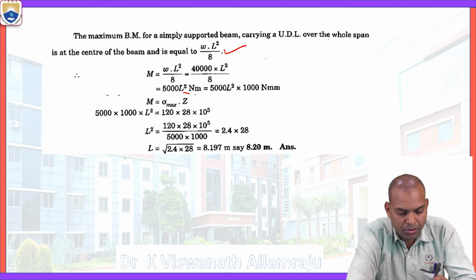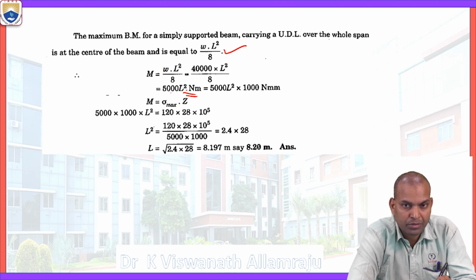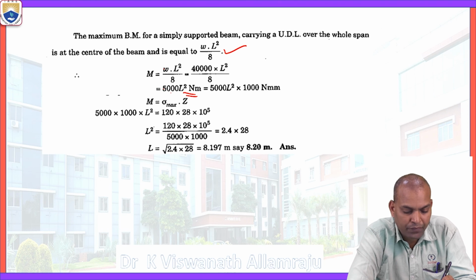We need it in Newton meter value, because 40,000 is in Newton per meter. So 5,000 L square Newton meter should be converted into Newton millimeter for maintaining dimensional homogeneity. So 5,000 L square times 1000 Newton millimeters.